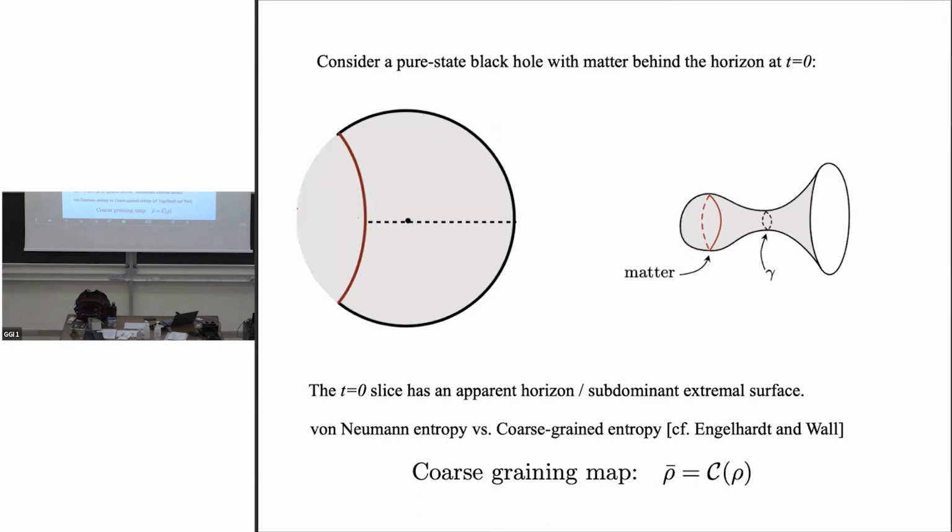The two are compatible. It's just another way of assigning a density matrix here. So what we're looking for is some kind of coarse graining map where we start with a pure state rho and we construct a coarse-grained density matrix rho bar whose entropy is the entropy of this subdominant extremal surface.